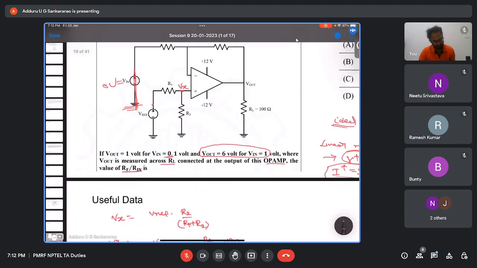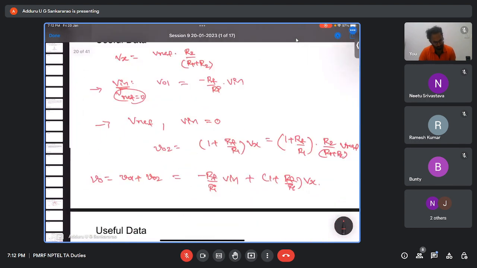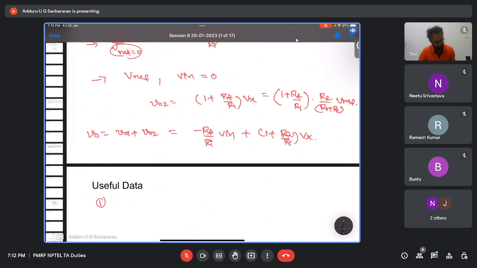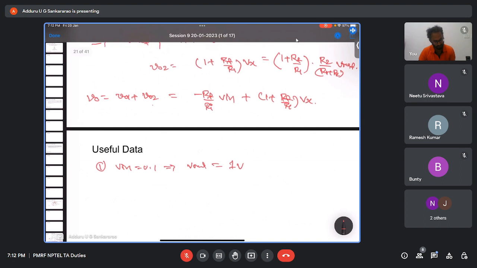And the question they have given: Vout equal to 1 for Vin equal to 0.1. So in the first case, if I take Vin equal to 0.1, then Vout equal to 1 volt. So if we substitute, Vout is 1, equal to minus Rf by R1 into Vin, Vin is 0.1, plus 1 plus Rf by R1 into Vx.